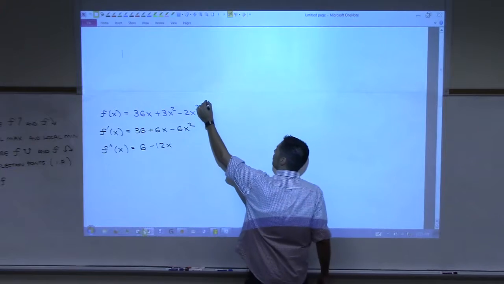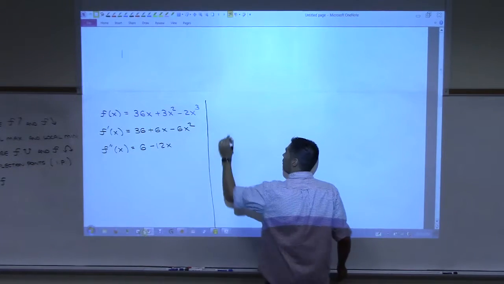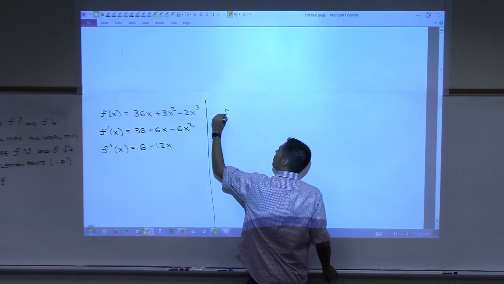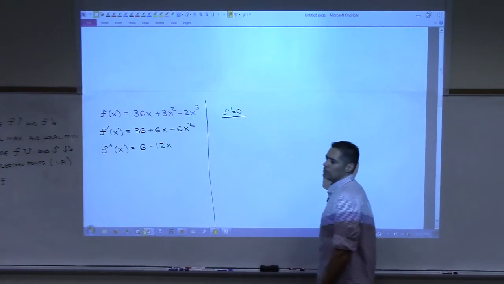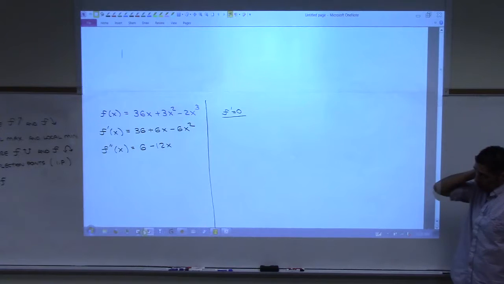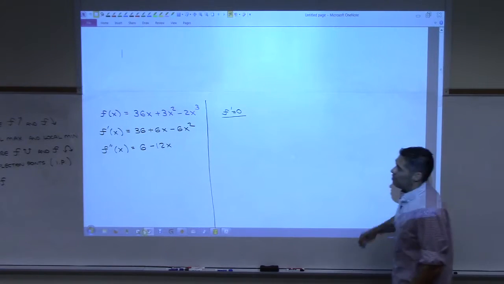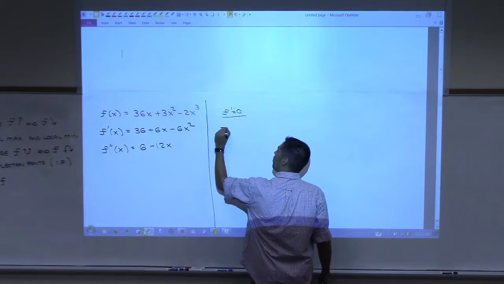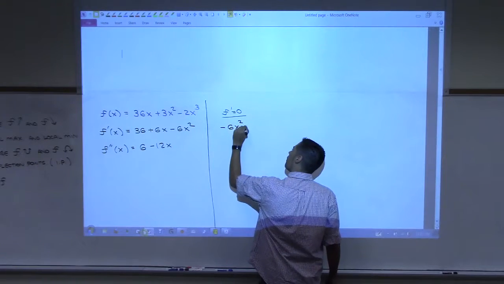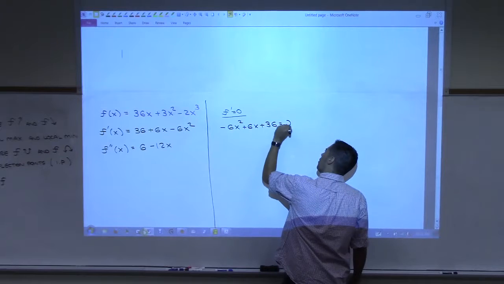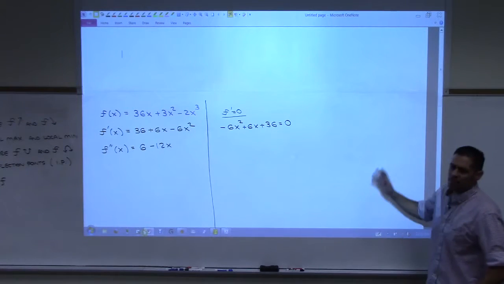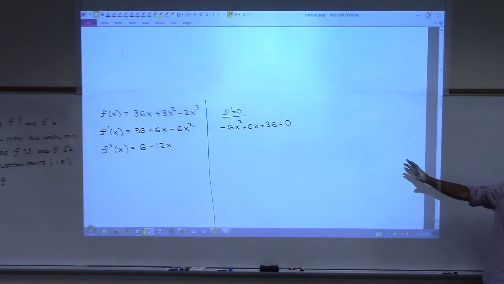All right, so now let's get to work. I'm going to find the critical numbers. So I'm going to set my first derivative equal to 0. When I set that first derivative equal to 0, I actually think I am going to rewrite that in descending order. And I'm going to try and factor. I'm actually just going to divide everything through by -6, because I don't like that negative on the front.